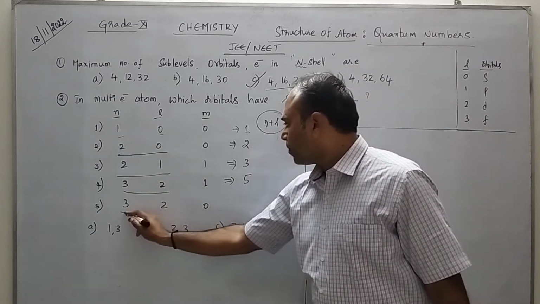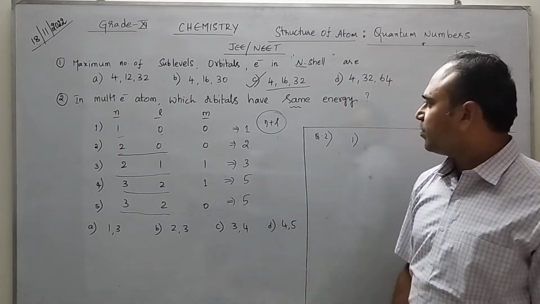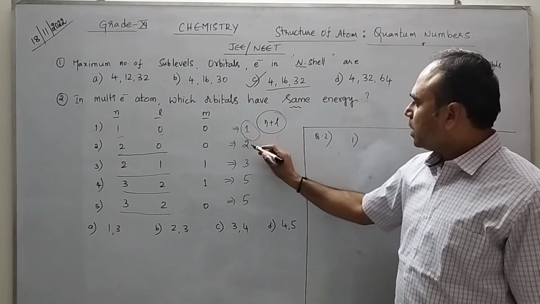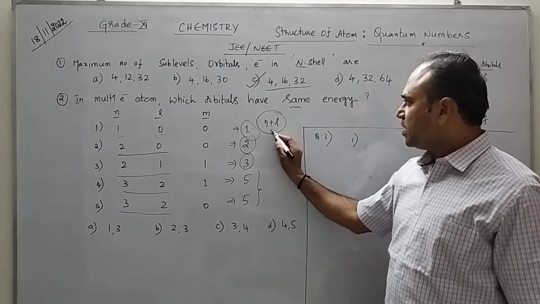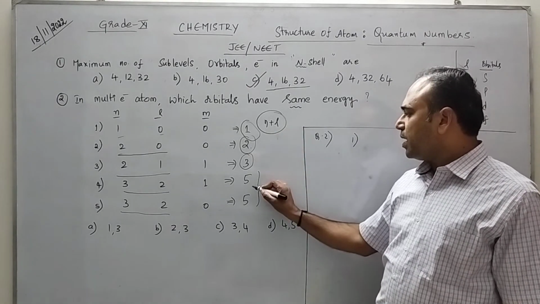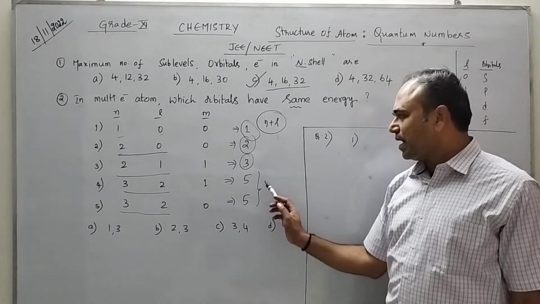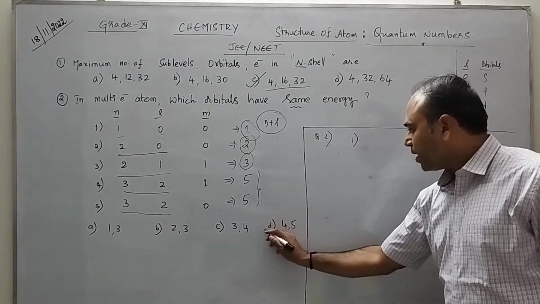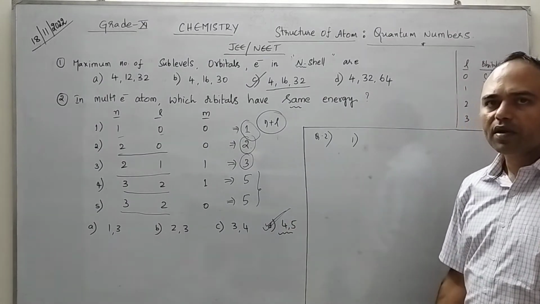Here also you are having 3 plus 2, nothing but 5. So we can understand that here 1, 2 and 3 are different, but the last two have the same n plus l, hence we can say that fourth and fifth options will have the same amount of energy, hence we can select the correct answer, that is 4 and 5. Hope you have understood this.